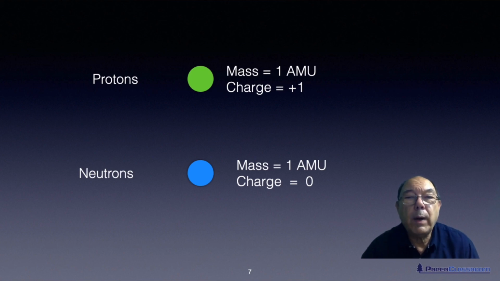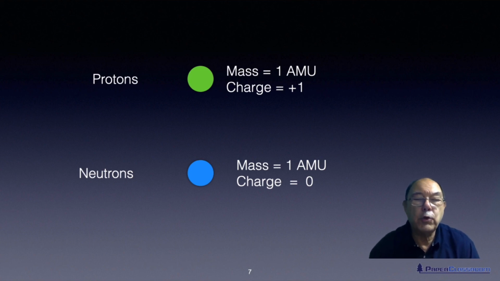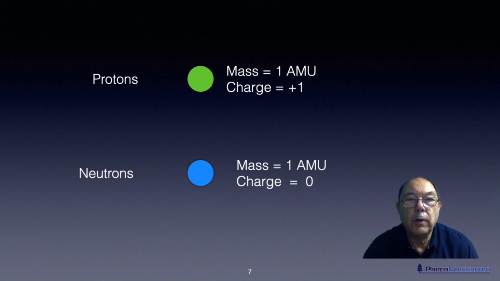And when we came to weigh electrons, it was so small, it's what we might class as negligible. So, the nucleus is composed of protons and neutrons. A proton weighs 1 unit and has a charge of +1. A neutron also has a mass of 1 unit and has no charge, it's electrically neutral.